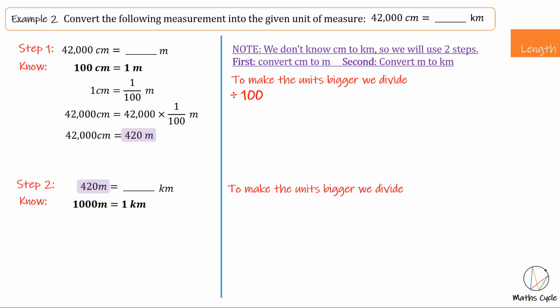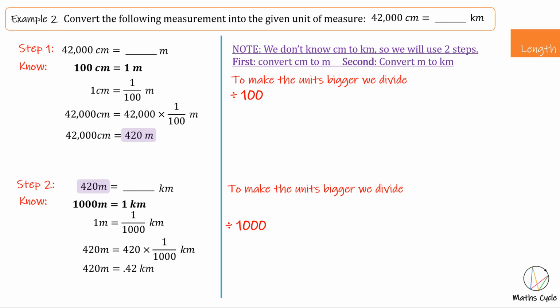Okay, so if I know there's 1,000 meters in a kilometer, then 1 meter is divide by 1,000. If I know what 1 meter is, then I can tell what 420 meters is by multiplying by 420. And do that on your calculator and you'll figure that 420 meters equals 0.42 of a kilometer. So there's your answer, 0.42 of a kilometer.